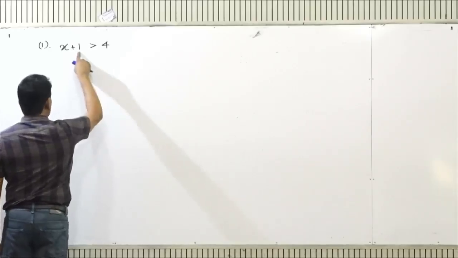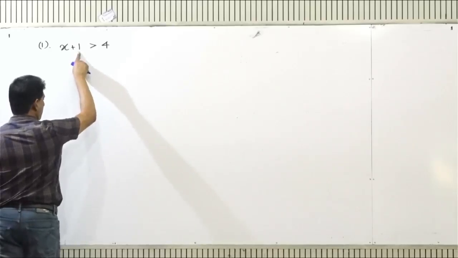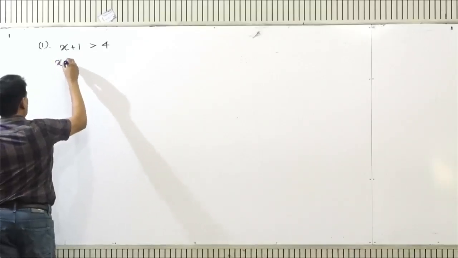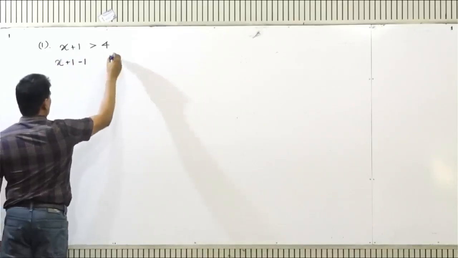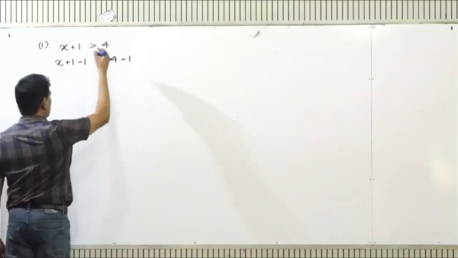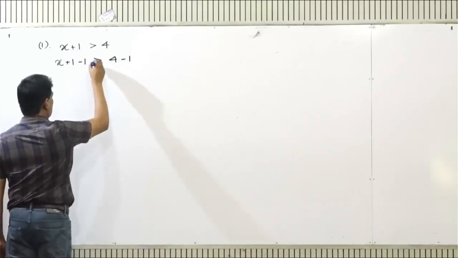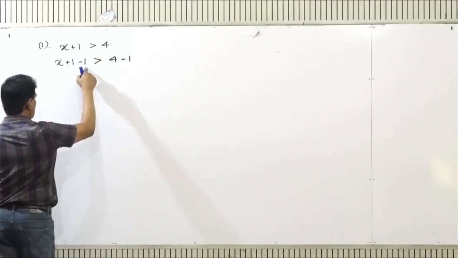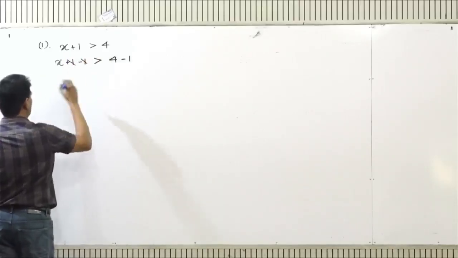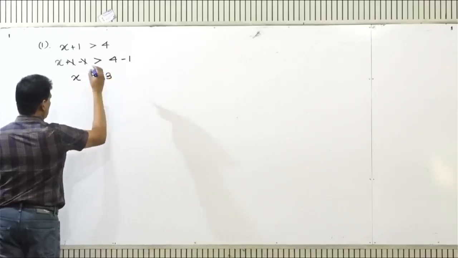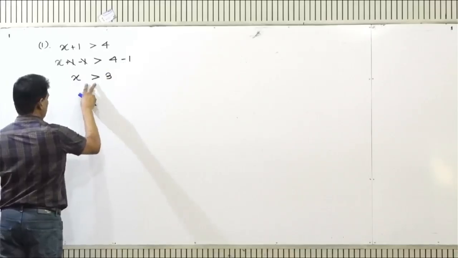To remove this positive one, we should subtract 1. So from the left hand side I subtract 1, then from the right hand side I also subtract 1. According to the inequality law, the inequality mark does not change. Now this positive one and this negative one cancel, leaving x. Right side: 0 minus 1 means negative 1. Now we have x as the subject.